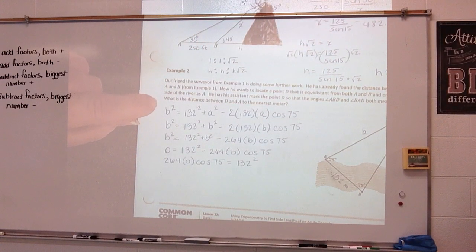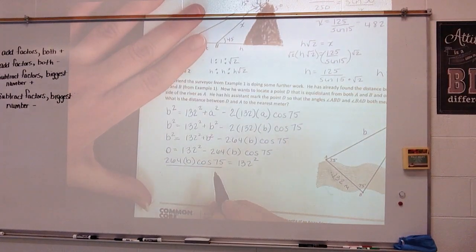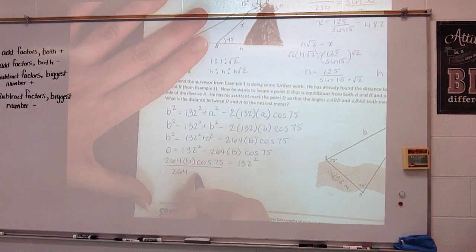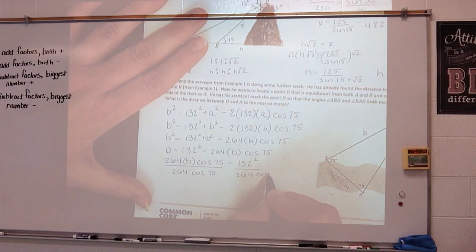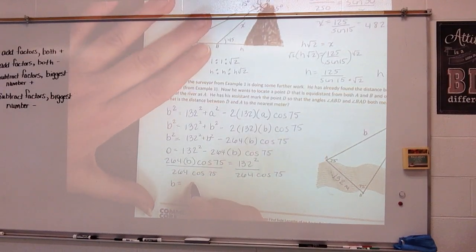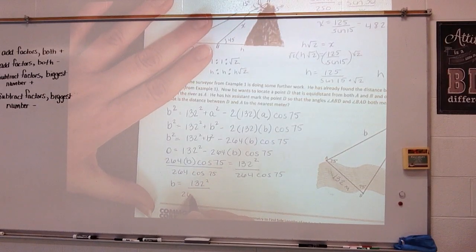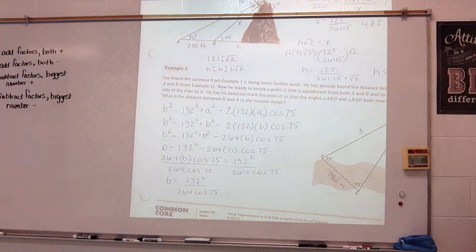I would divide by 264 cosine of 75 to give me B. So B is equal to 132 squared over 264 cosine of 75.